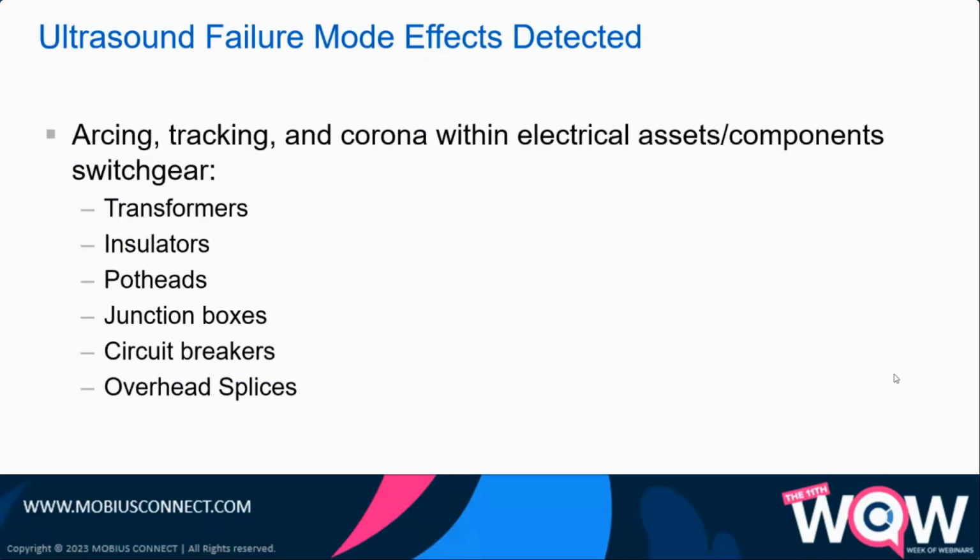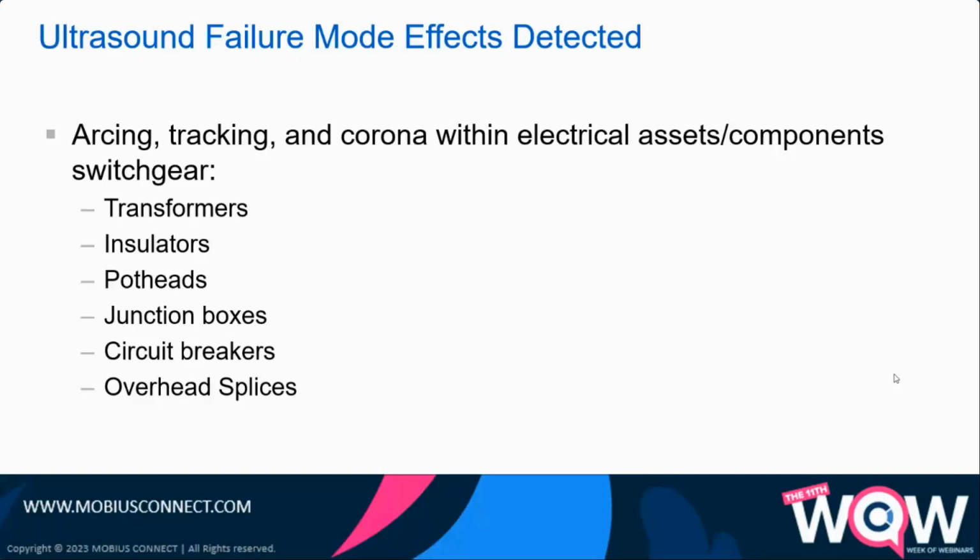Ultrasound is also very effective in identifying electrical failure modes. It is a key tool used in many plants for safety concerns, right? As standard practice, ultrasound is used around electrical panel doors before opening the doors because it has the capability of identifying arcing, tracking, and corona.